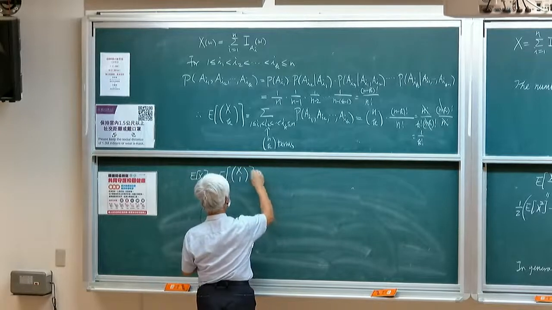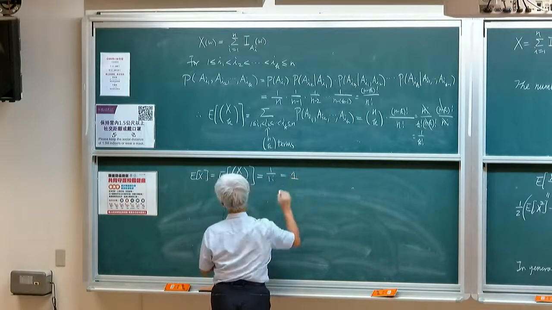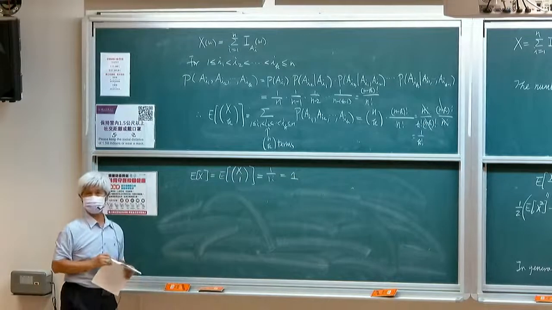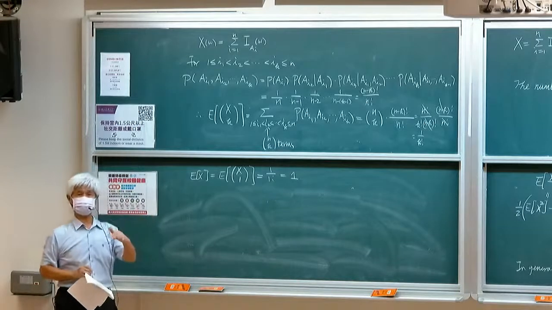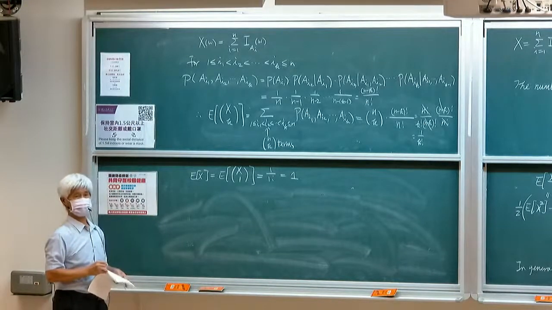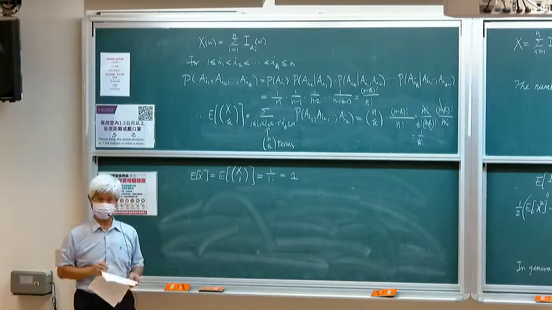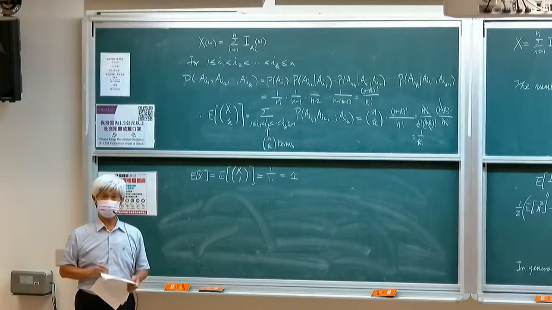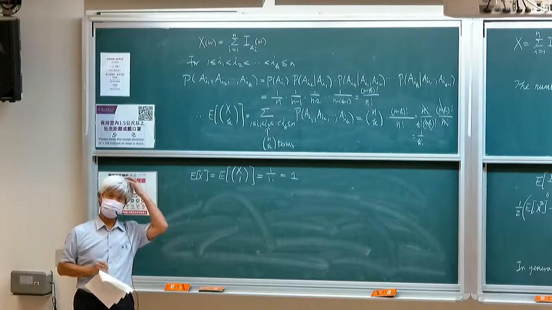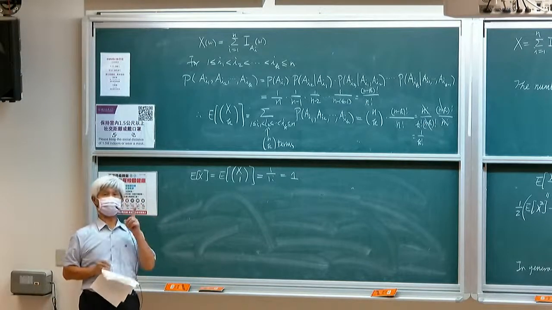Here k equals 1, and 1 factorial is 1. So the first moment of x, the first moment of the number of matches, is equal to 1, no matter how many guests you have. Very interesting. If you have 100 guests, the expectation is 1. If you have 10,000 guests, the expectation is also 1.